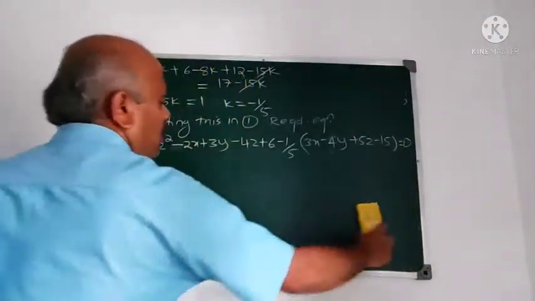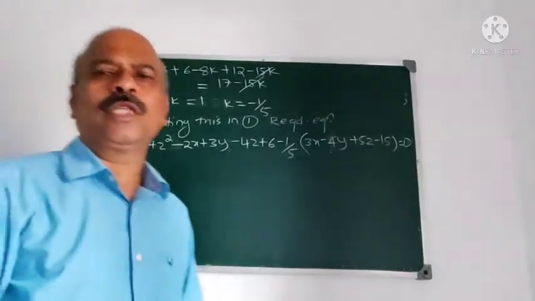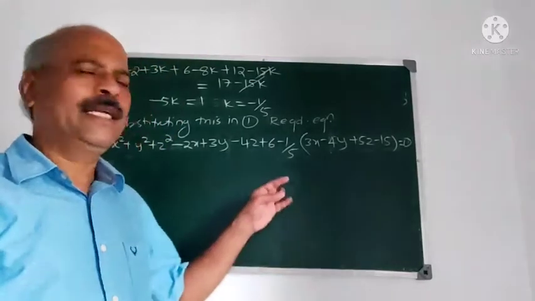What we did is, first we wrote the equation of the sphere passing through the circle, and we took that as 1.